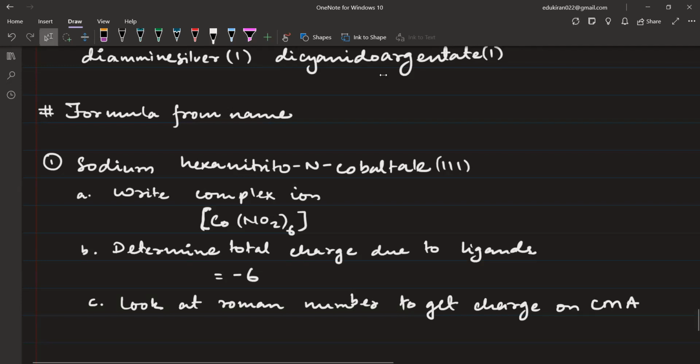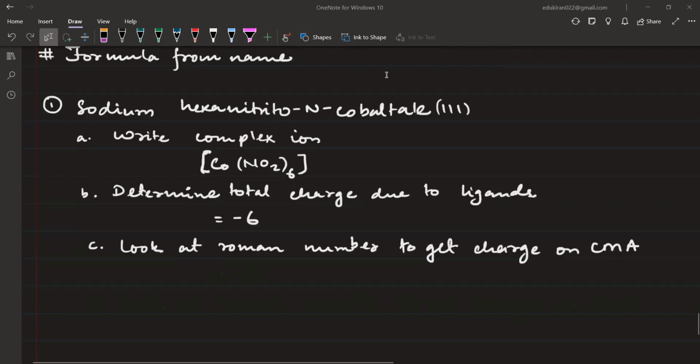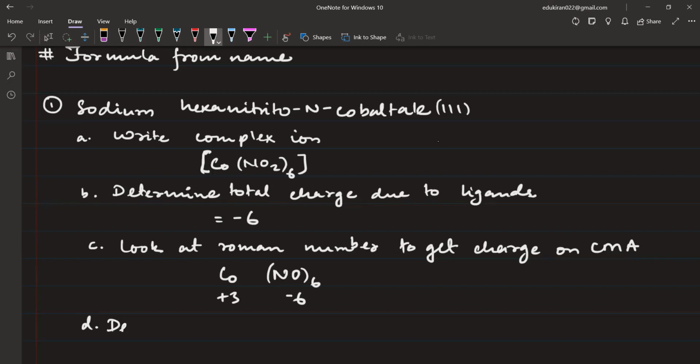So +3 is from cobalt and NO2 whole 6 is having -6. How much more charge is required? Tell me, guys. 3, right? +3, right?